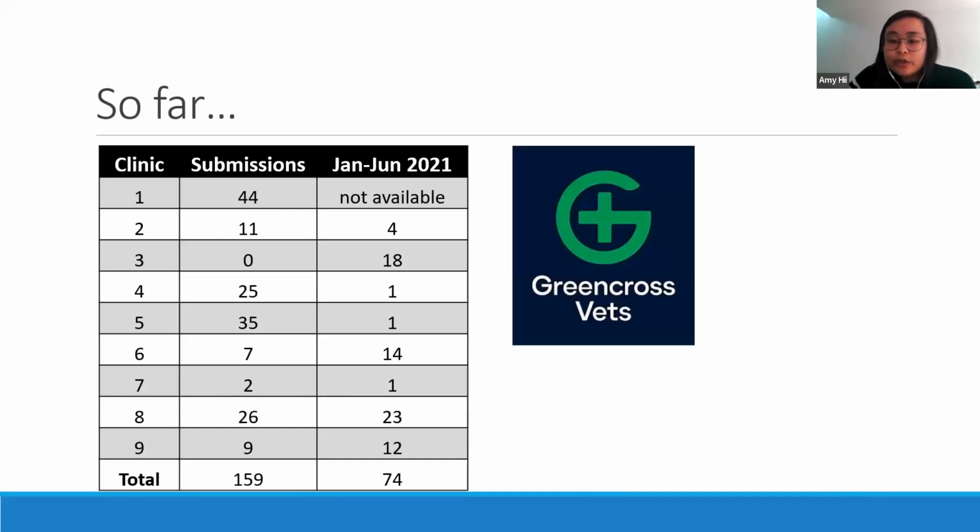And this table shows the number of submissions by clinic. 3 clinics, number 2, 4, and 5, had clear increases in the number of submissions, whereas some clinics like number 8 stayed around the same, and we had number 7 where the number of submissions is probably too small for us to say at this point, and there was a decrease in submissions in number 6 and number 9.